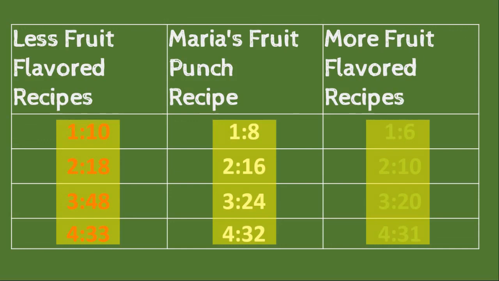So this one would be more. 2 to 10 is smaller than 2 to 16. 10 is a smaller number than 16. 3 to 20. 20 is a smaller number than 24. And 4 to 31, which is just slightly smaller than 4 to 32. Almost equal, but still less. So this would be more fruit flavored in the recipe.